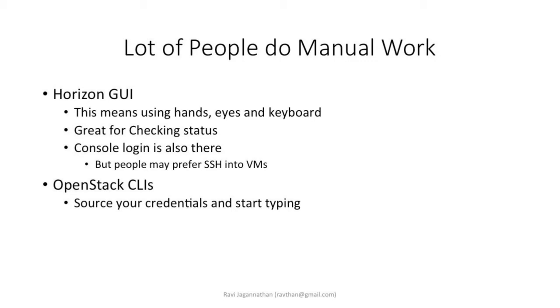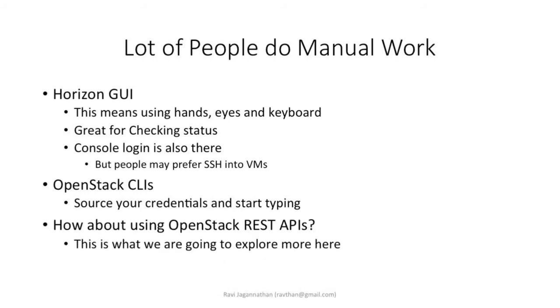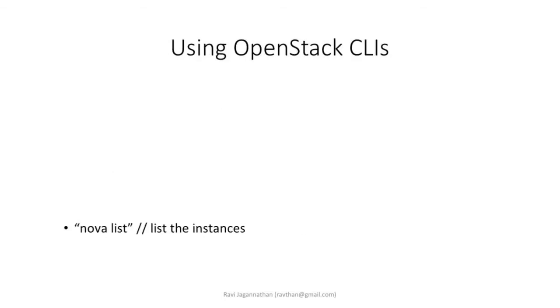Keystone to list the users, or Ceilometer to get some monitoring stuff. We're also going to touch base on APIs. This is not meant to explain things, but just to show you some basics and some links that you can go to. And there's also curl, which I really like for bash scripting, and it has its place. So those are the things we are going to see.